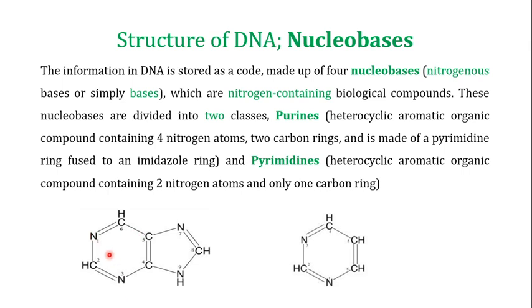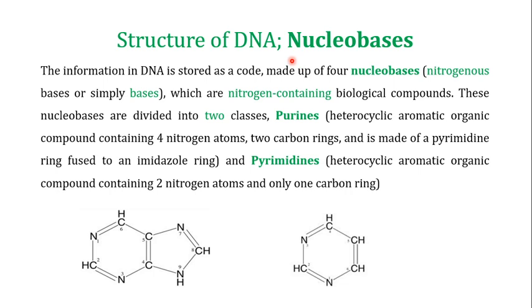One of the rings, this 6-member ring, is known as the pyrimidine ring, and the small ring is known as the imidazole ring. And the other class of the nucleobases are known as the pyrimidines, and these pyrimidines are a single ring structure, and they contain only 2 nitrogen atoms. As you can see over here, this is 1 and this is 2.